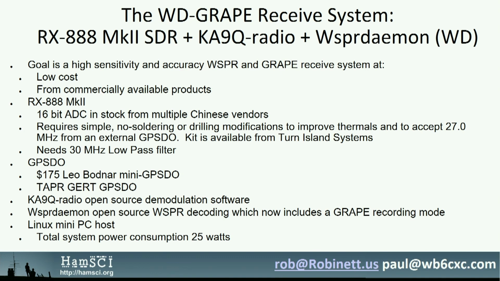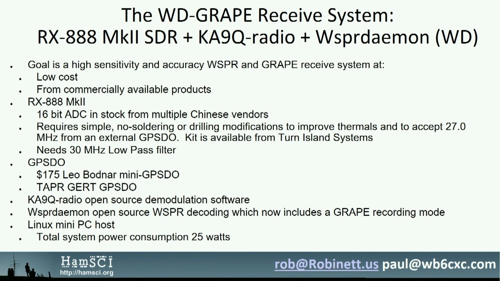If you have one of almost any recent vintage, it's powerful enough to do the processing. But if you don't, we've been using a V-Link Chinese little mini PC, which you can get for $240 on Amazon. So the combination of this device and a host computer delivers all of the decoding and demodulation capabilities of both WSPRdaemon and the GRAPE functionality.